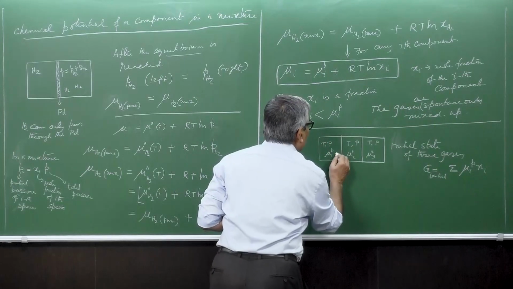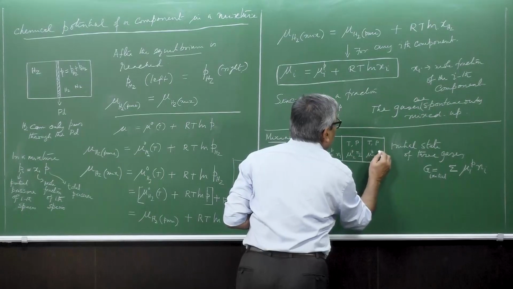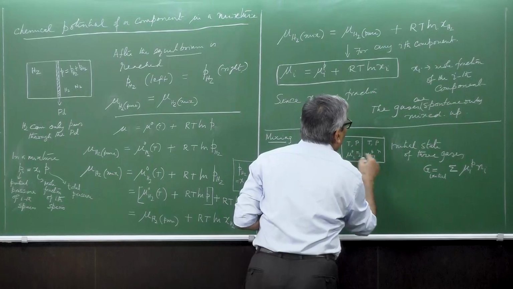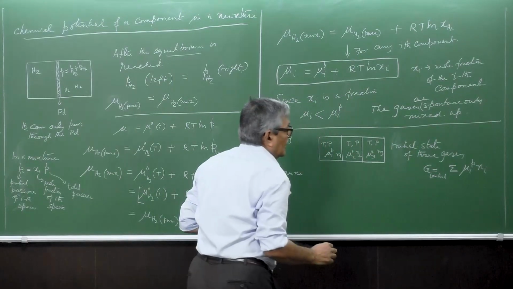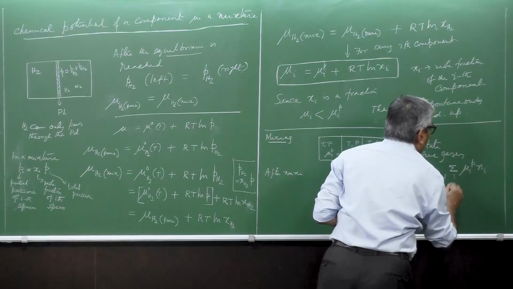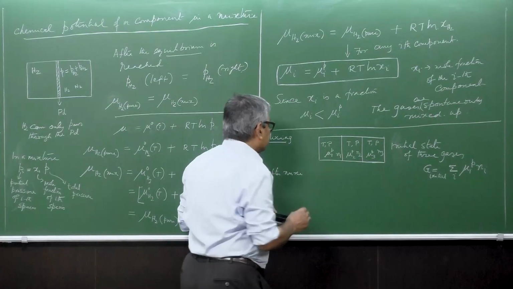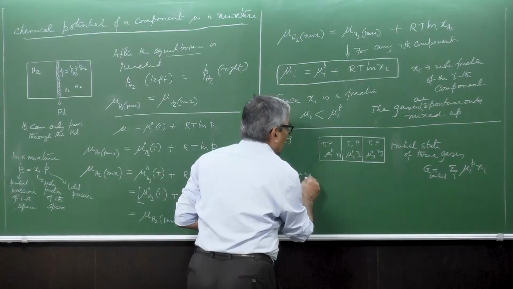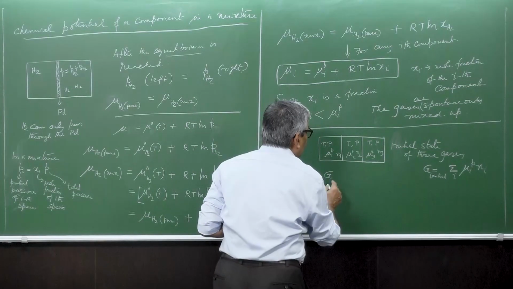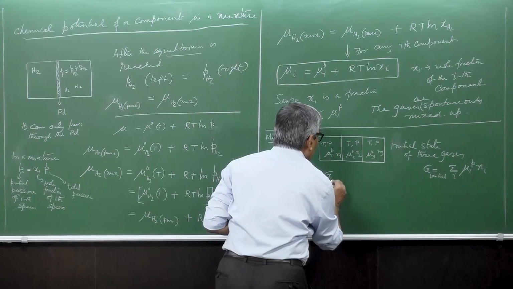So I have N1 moles here, N2 moles here, and N3 moles here. You have to sum over all these quantities for i equal to 1, 2, 3. Now, after mixing, we get a final state for which the free energy is now final.